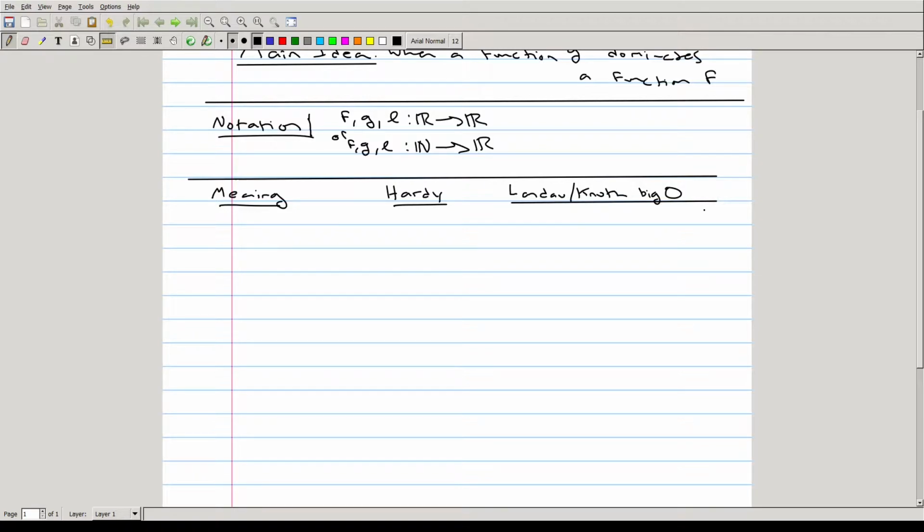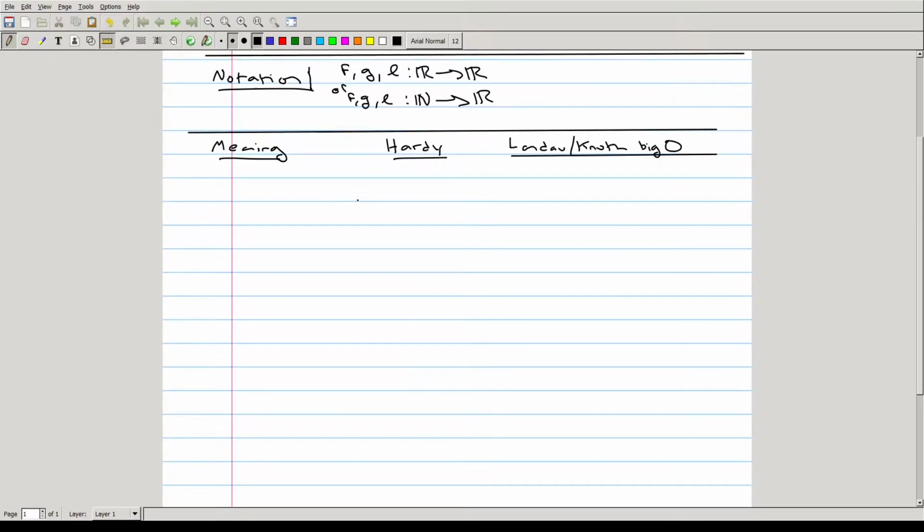And the book doesn't mention the Hardy notation at all, but it focuses on just the Landau-Knuth big O notation. However, I think both the Hardy notation and the Landau notation are very, very important to understand, which is why we're going to go through and discuss this.